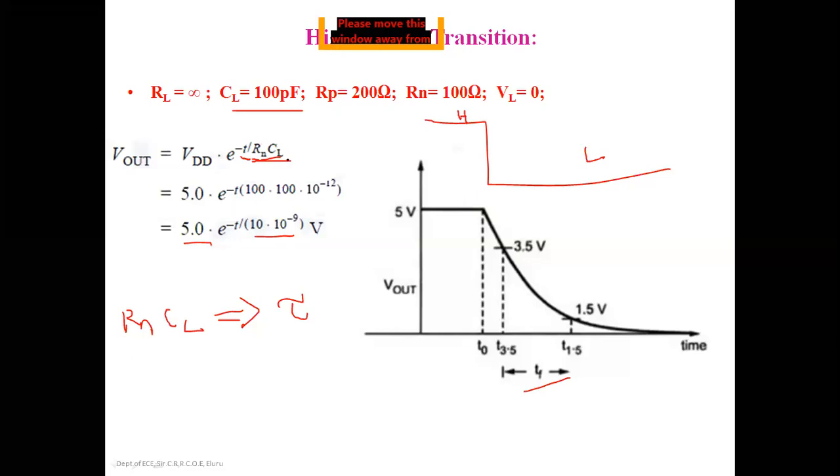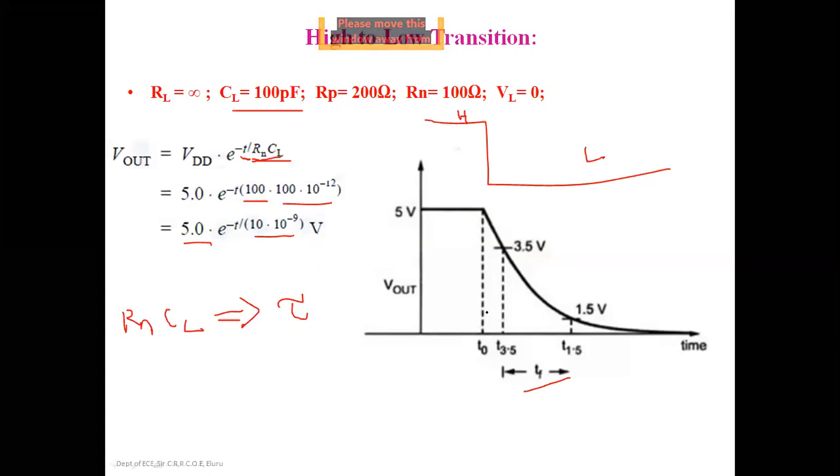We discussed the same point in our previous slides: rise time and fall time depend on two factors, the on transistor resistance and the capacitor load. Here the on resistance is 100 and the load capacitor is 100 pico. So finally the time constant is 10 into 10 power of minus 9.